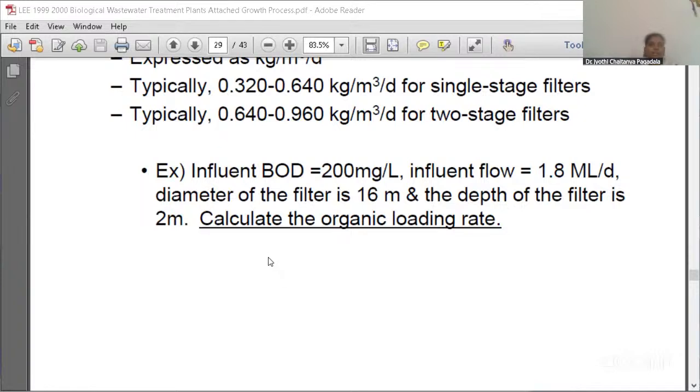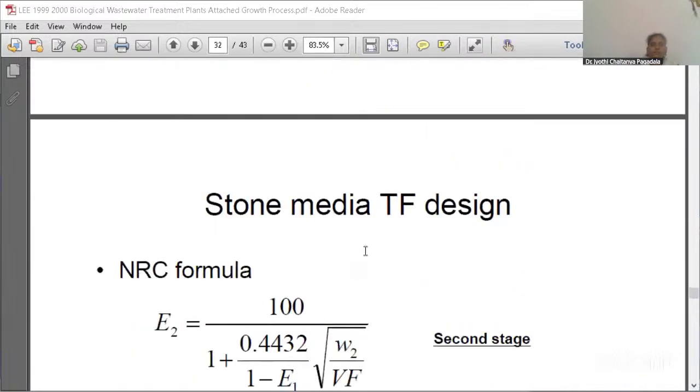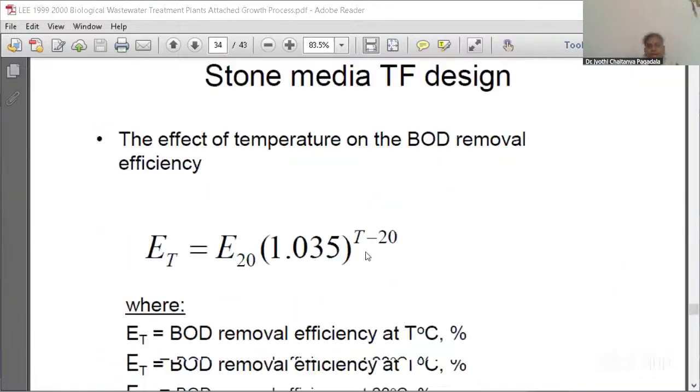For example, influent BOD is equal to 200 mg per liter. The influent flow is 1.8 ML per day, the diameter of the filter is 16 meters, and the depth of the filter is 2 m. So we don't need all these things right now.